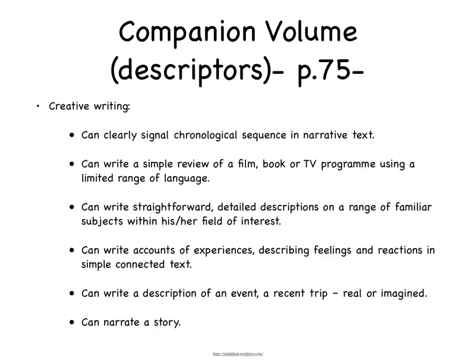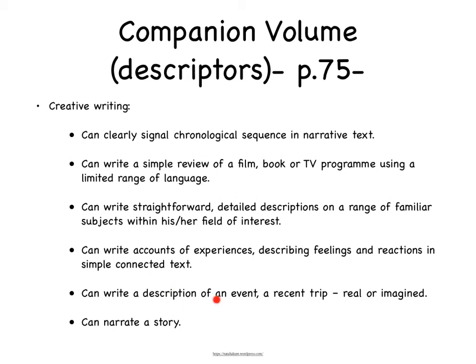And then there are different descriptors. For example, for creative writing, it's one of the possibilities. They say, for example, that they can clearly signal chronological sequence. We'll be talking about that. They can write a simple review of a film, book, or TV program. Can write descriptions or accounts of experiences in simple, connected text. Simple but connected.